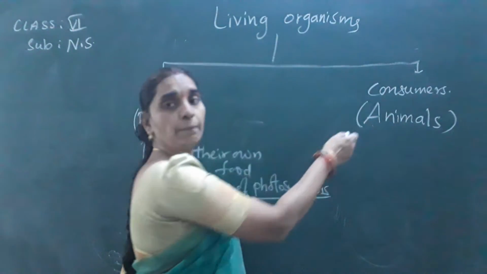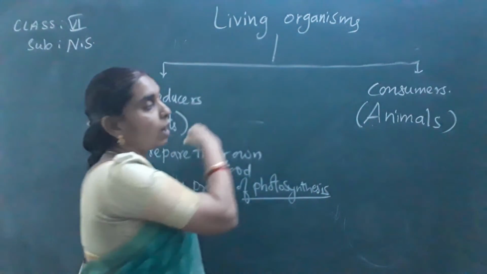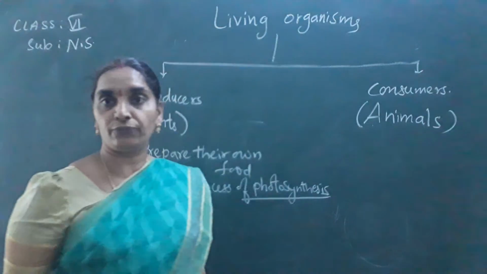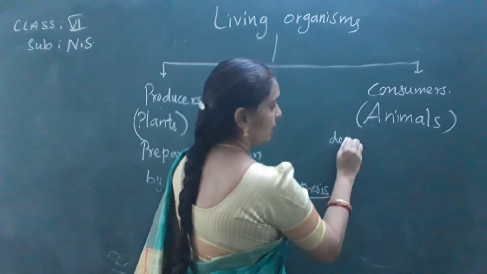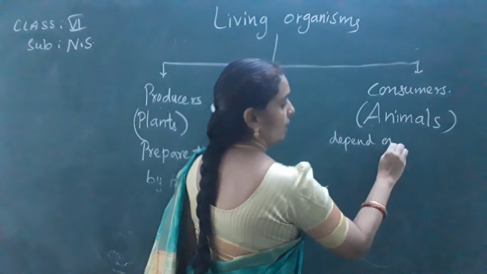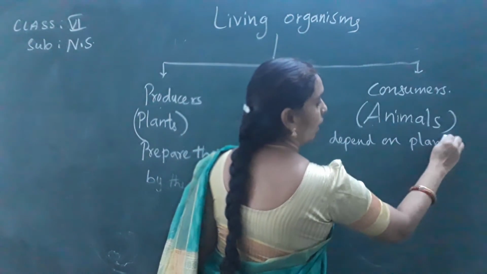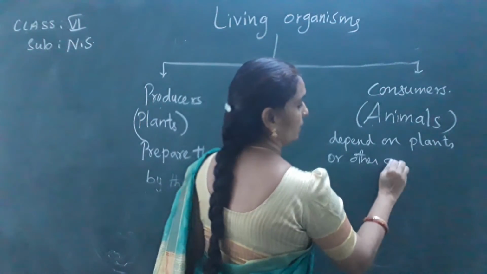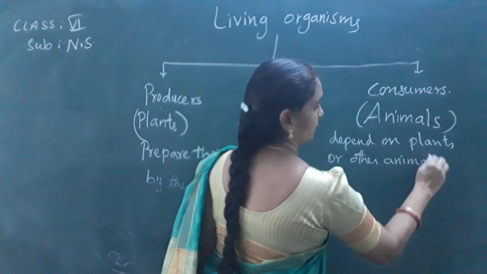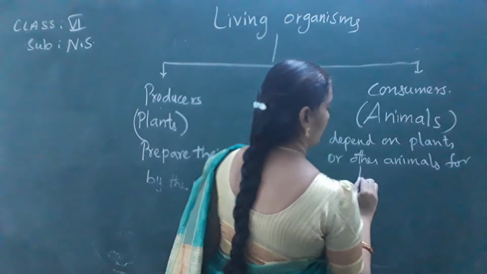And animals depend either on plants or other animals for their food. So they are called consumers. Isn't it?